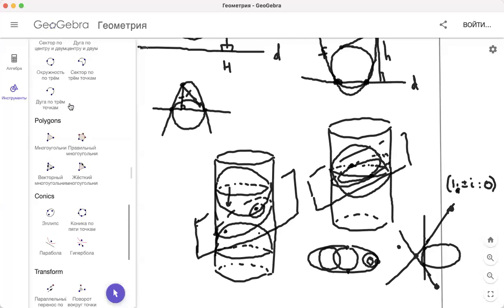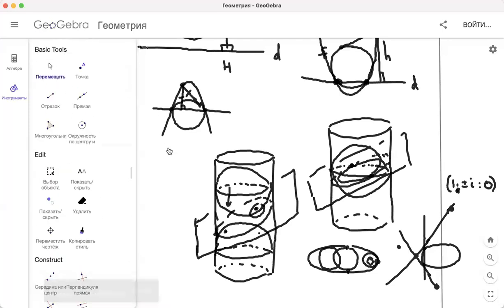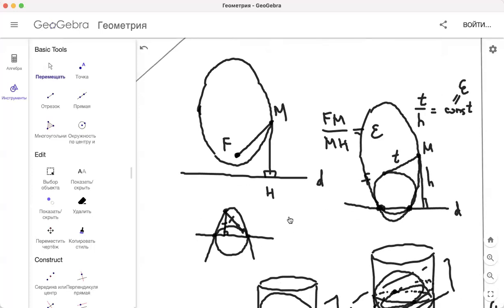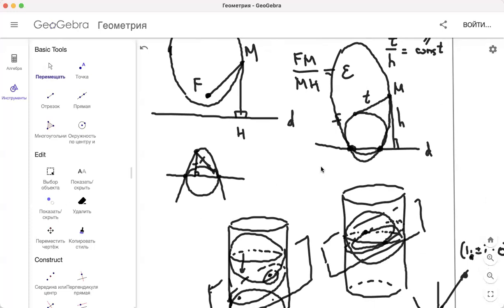So here, in the usual definition of a conic by a focus and a directrix, the directrix is a line passing through imaginary tangency points. Yes. So this is exactly similar to this situation. Yes.